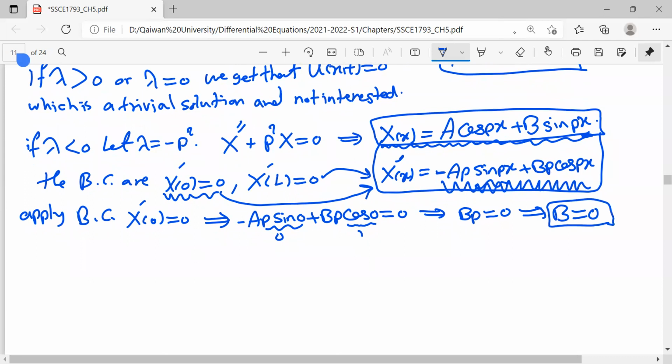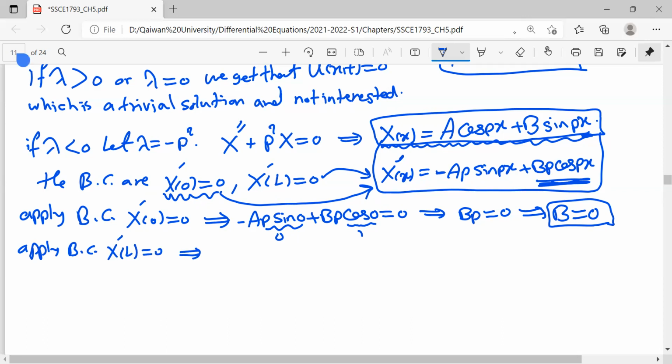And here, it's for the first condition. For the second one, b is 0. That means we delete this part from X prime, because b is 0. And apply the boundary condition, X prime of L is 0.